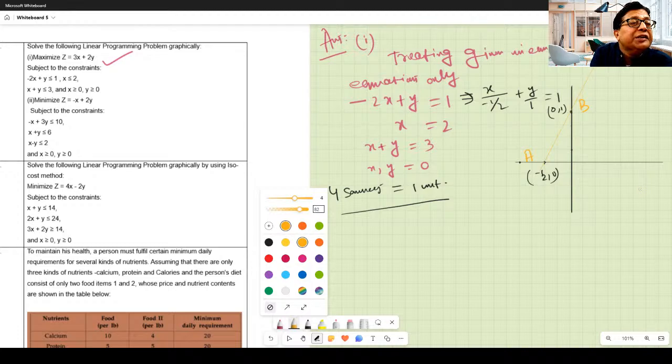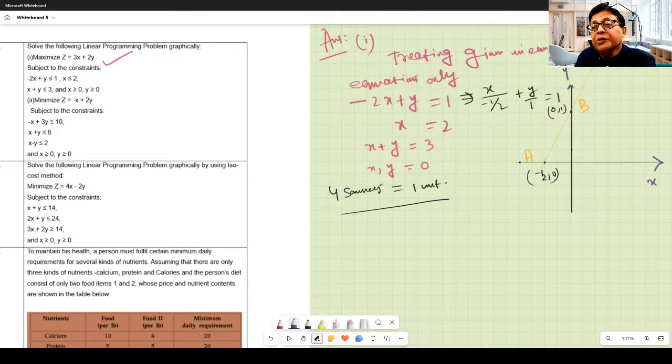But we need to plot the inequation. This will divide the two-dimensional plane in two halves. This I hope you all remember. What way it will divide in two halves? Either towards the origin, origin means 0, 0, or away from it.